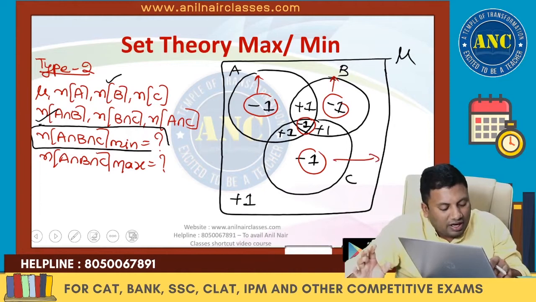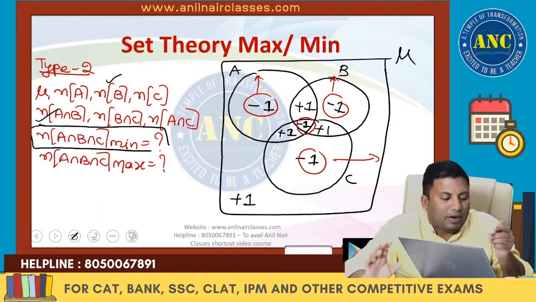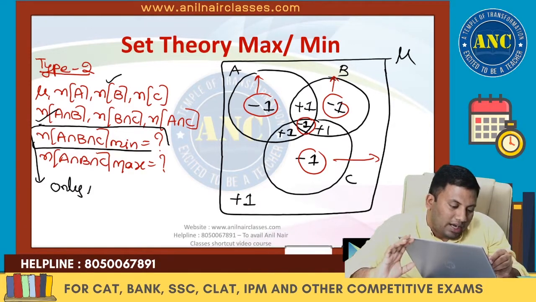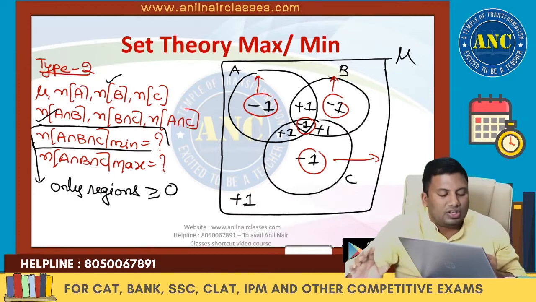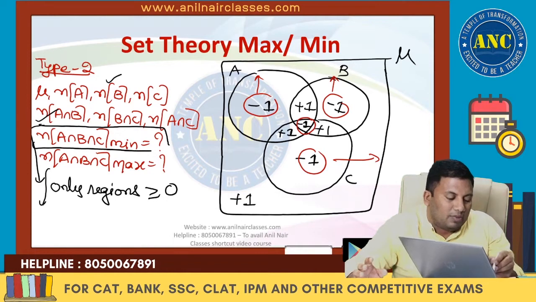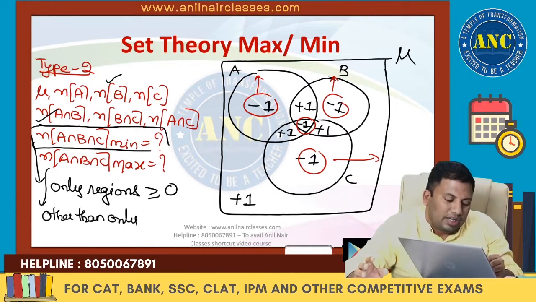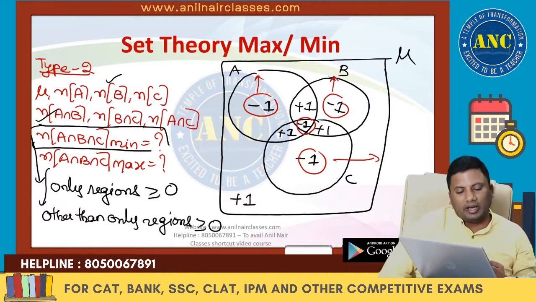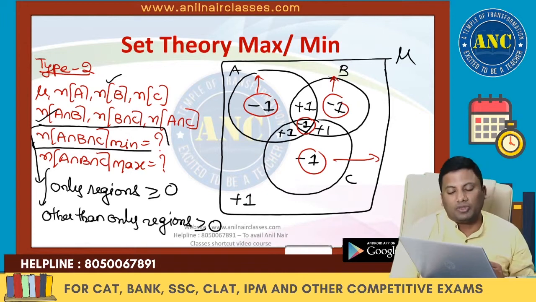That means whenever you are determining the minimum and maximum for this value, if it is minimum, only regions should be greater than or equivalent to 0. If I want maximum, other than only regions, it should be greater than or equivalent to 0. I hope the idea is clear.